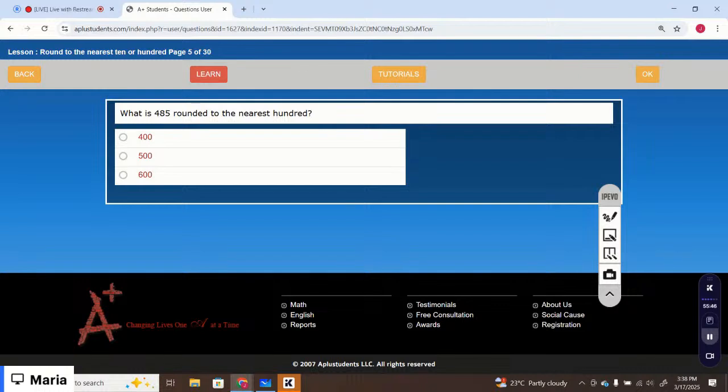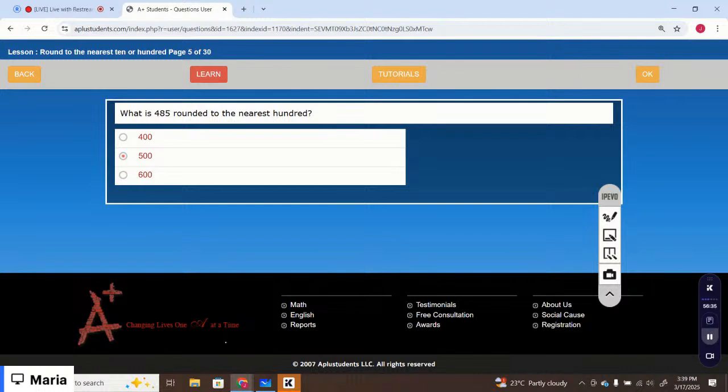What is 485 rounded to the nearest 100? 485 is rounded to 500.